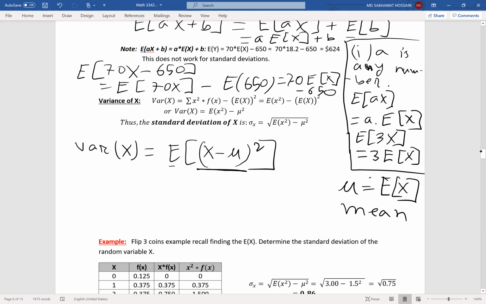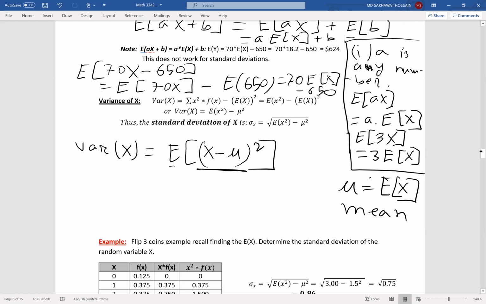So what we are doing here is finding the deviation of x from the expected value. How far the value of x is from the expected value, right? So x minus mu means we are finding the deviation of x from the mean of x, right?